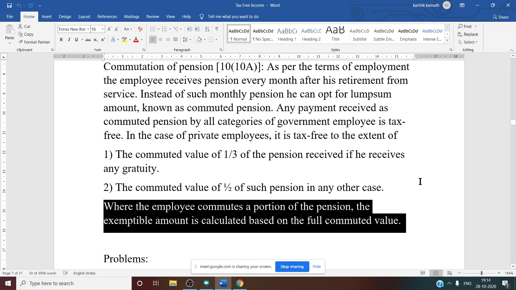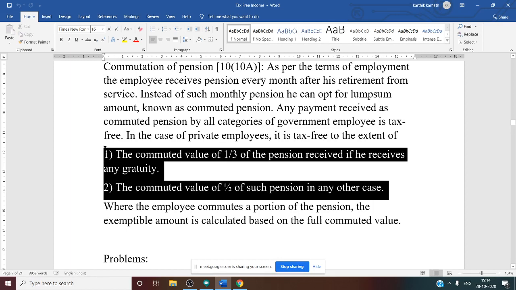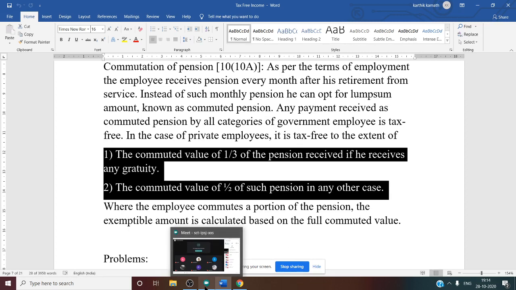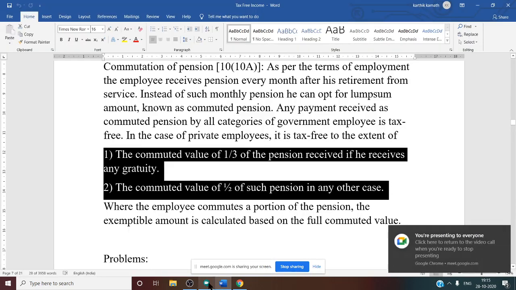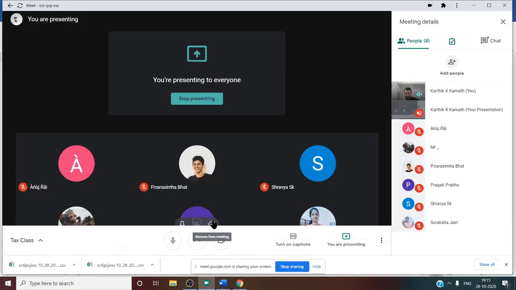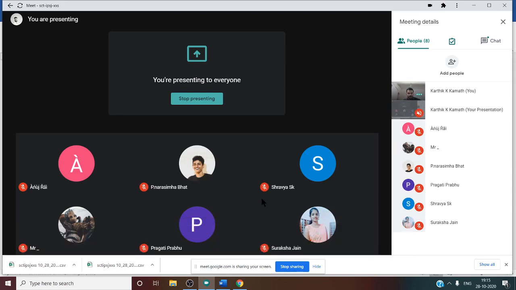Now my question is, if you see these two conditions, under which is there more tax exemption, 1 by 3 or 1 by 2? Tax exemption is more in which case? Suppose the employee receives gratuity, there is less tax exemption. Why?